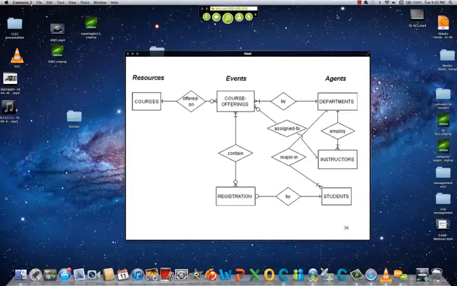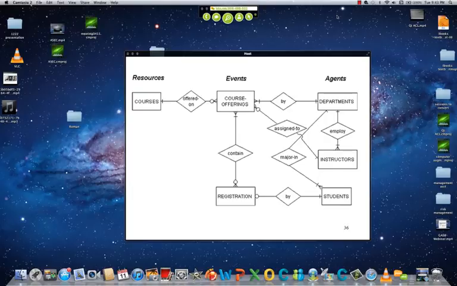Good. What about courses and course offerings? Stan, please, what is the relationship between courses and course offerings? Is it one to many, many to many, many to one? Let's look at this.